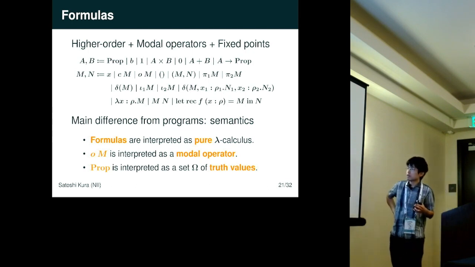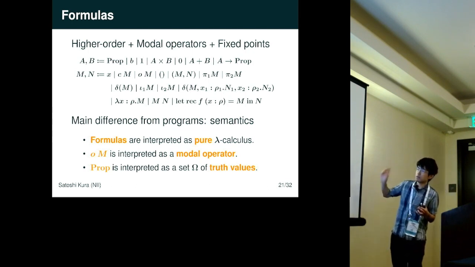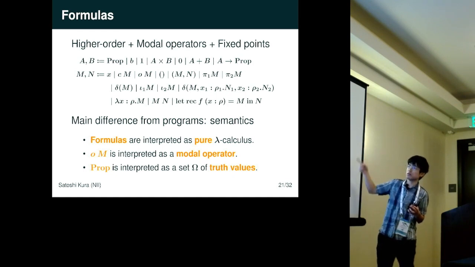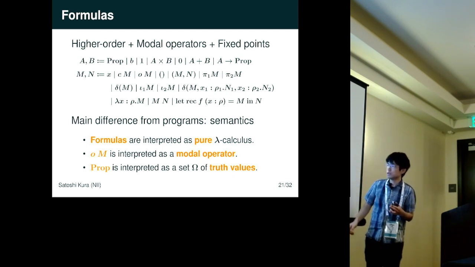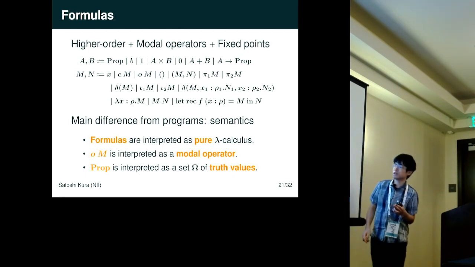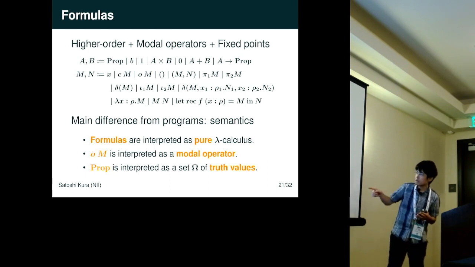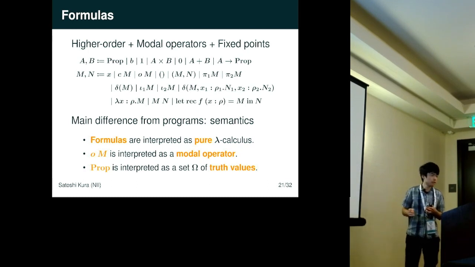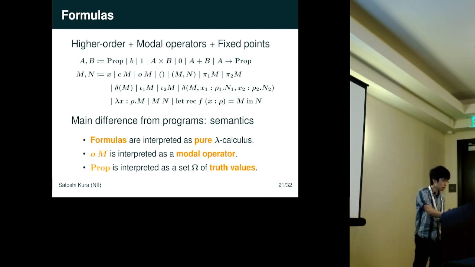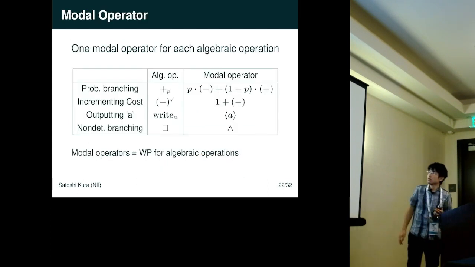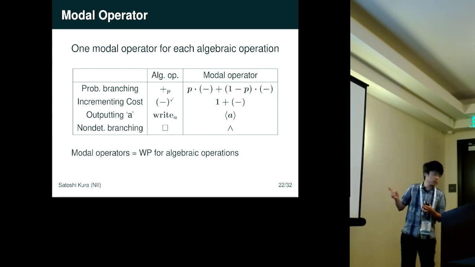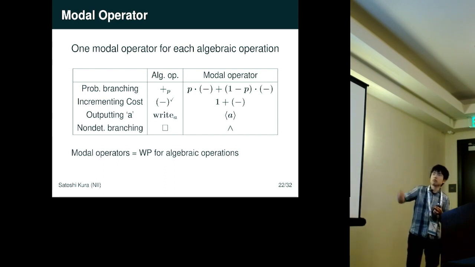And we don't have algebraic effect in our higher order logic. And instead, this expression is interpreted as a modal operator. And finally, we have a special type, prop, which is interpreted as a set of truth values. In our higher order logic, we have one modal operator for each algebraic operation.